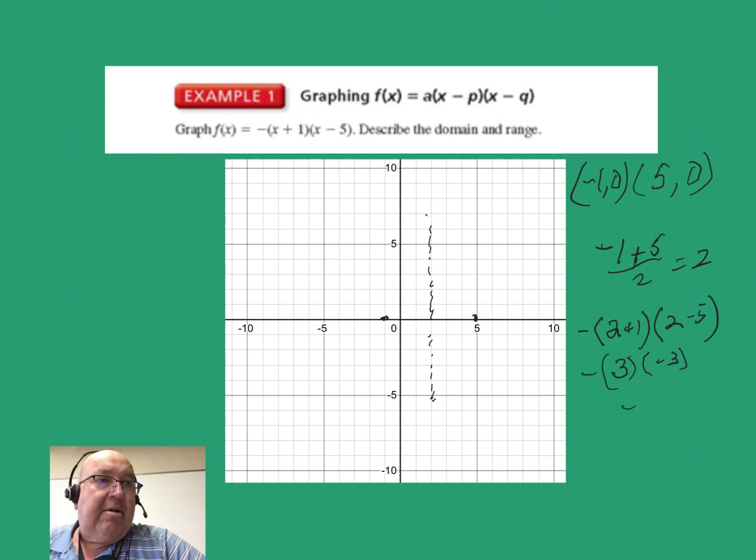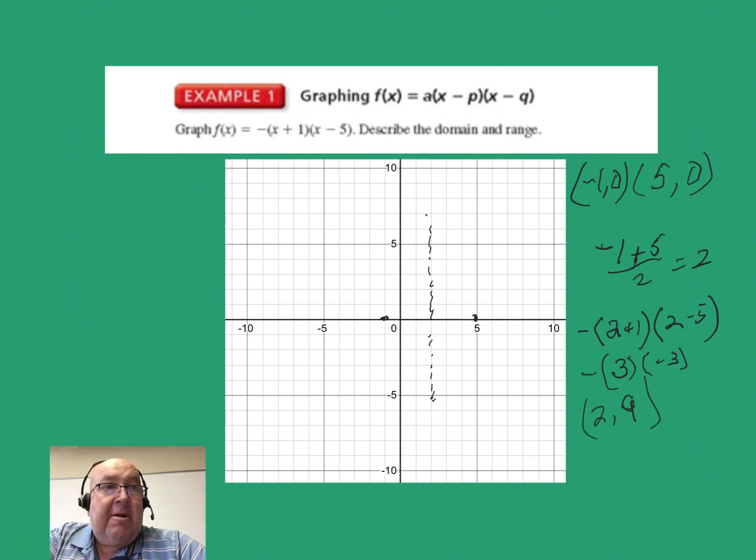So our y value of our vertex is 9. So we're at 2 and 9. So our y value is up here, and our parabola will come down through those points.